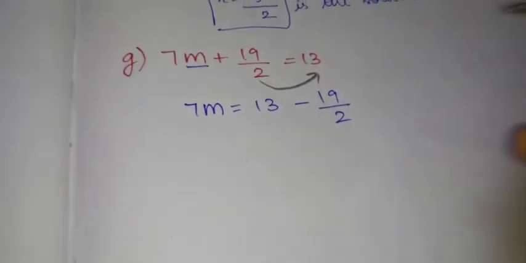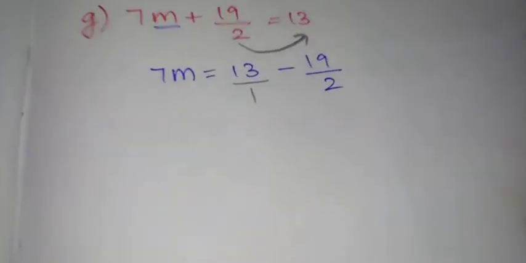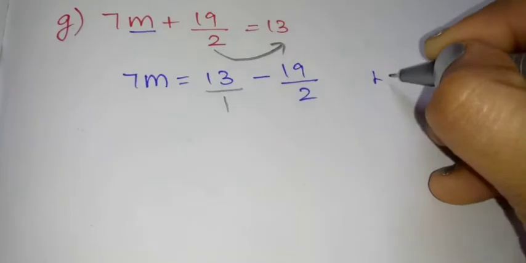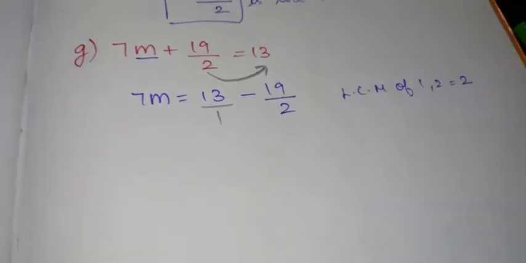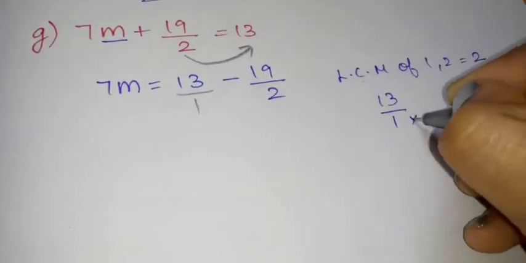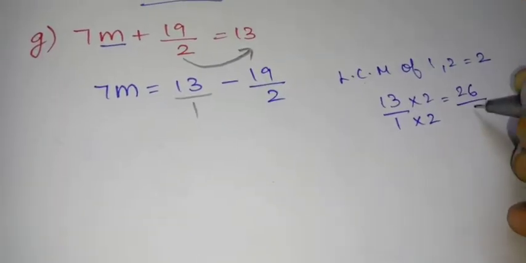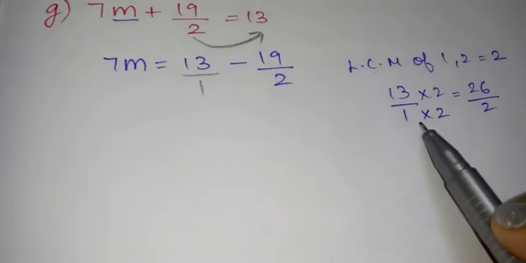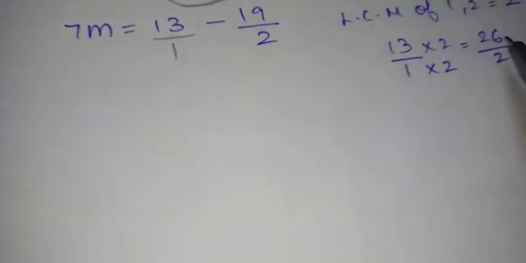Actually 13 is nothing but 13 by 1, correct? So can we do the LCM? LCM of 1 comma 2 is 2. So we can change this 13 by 1 as 26 by 2, correct? Because I want the denominator as 2, so 1 twos are 2, 13 twos are 26.